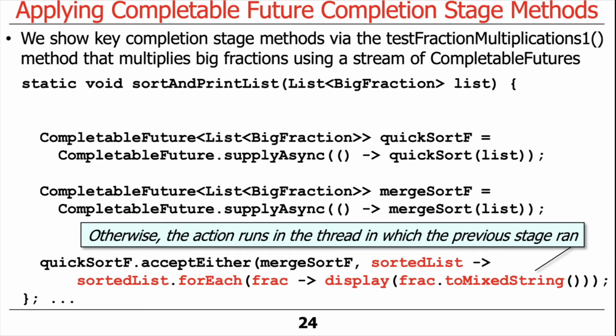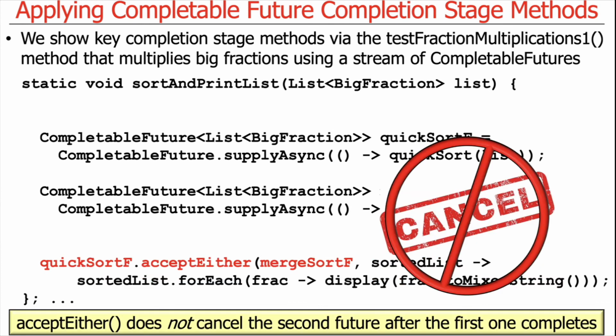In contrast, if acceptEither is called before the completable futures are done, or the first one is done, then the action will run in the thread where the previous stage ran. So this is a really, really super subtle point. It doesn't really matter for the most part, but it's an interesting piece of trivia.